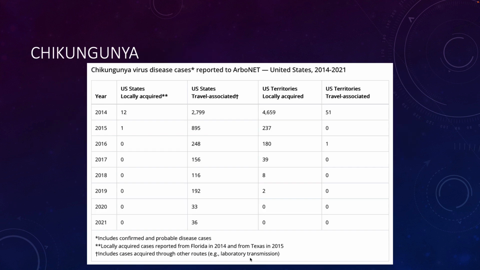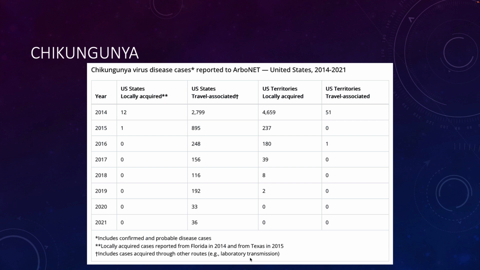In the US, we have seen chikungunya as a locally acquired viral infection, meaning people who were in the US who had not traveled outside of the US got the infection, and that was in both Florida and Texas.